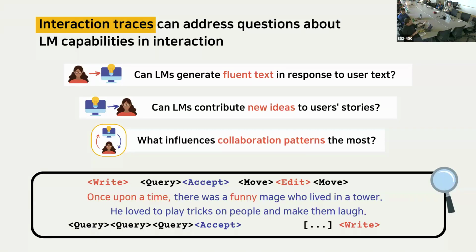Can language models generate fluent text in response to user text that changes dynamically throughout the interaction process? Second, we are going to look at the ideation capabilities of these language models and ask, can language models contribute new ideas to users' stories? And third, we are going to think about the collaboration between human and AI and ask, among all the different things that can vary in this collaboration process, what influences the patterns the most?